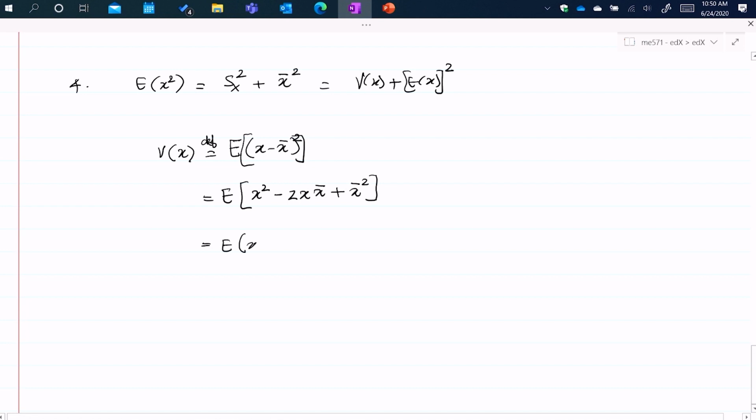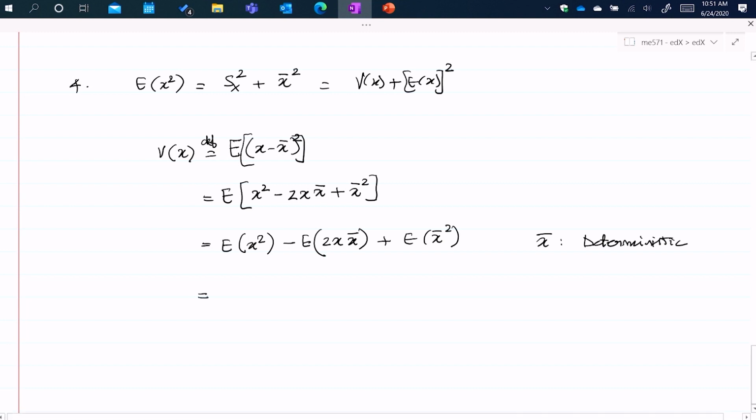Therefore, I can write this as expected value of x squared minus expected value of 2 times x bar times x plus expected value of x bar squared. Now, once we have determined the mean x bar, the mean itself is deterministic. We will say that x bar is deterministic.